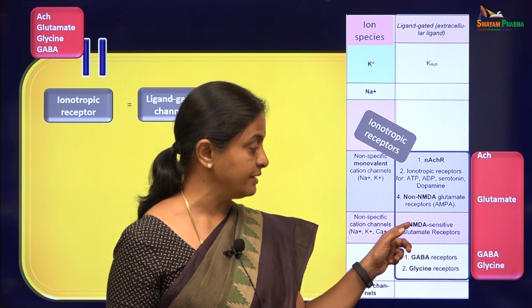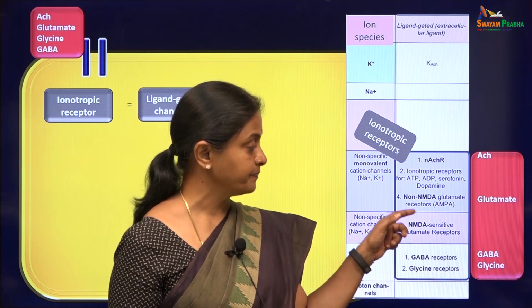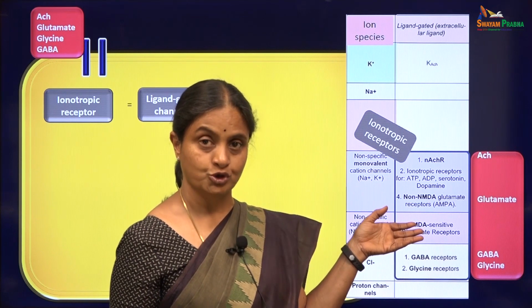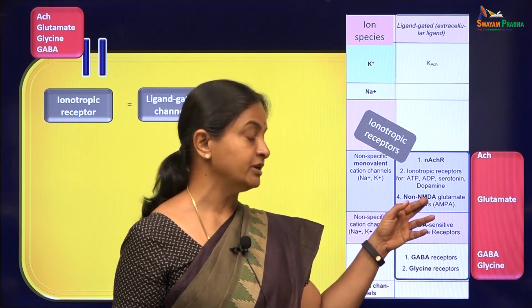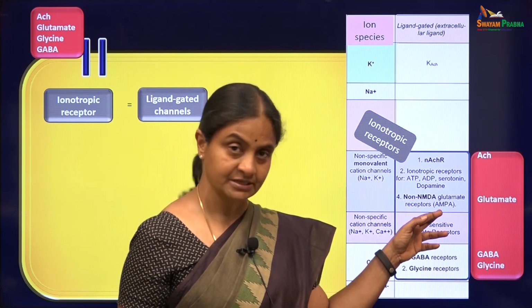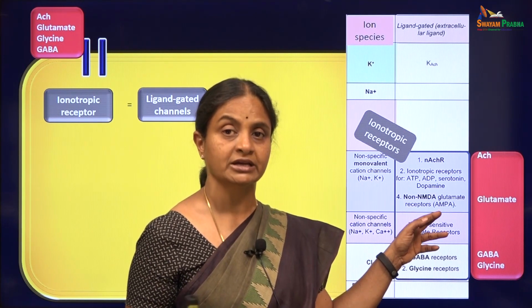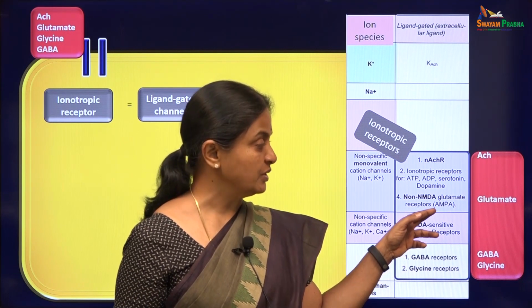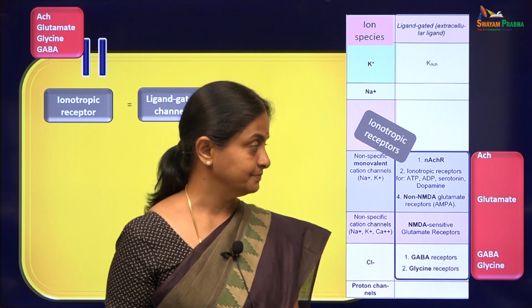NMDA stands for N-methyl D-aspartate. The other receptors which bind glutamate and are ionotropic receptors are called non-NMDA receptors. AMPA receptor is just one of them. There is another one called kainate receptor. You can read about that yourself. We are just dealing with AMPA receptors here.